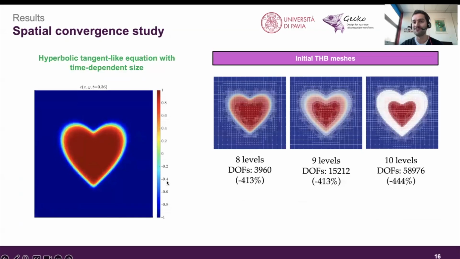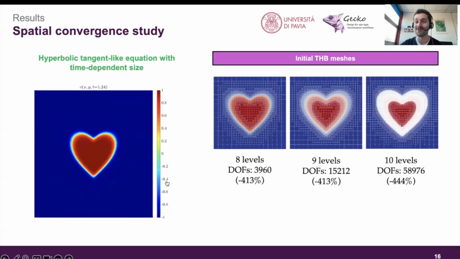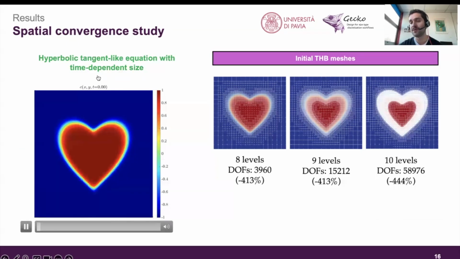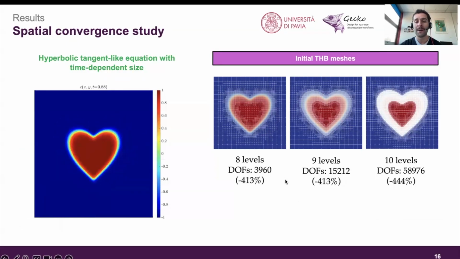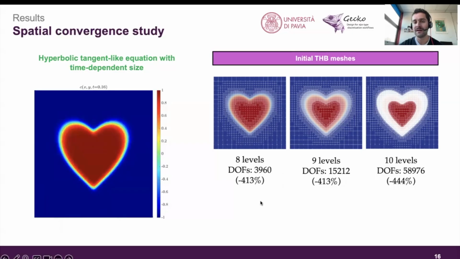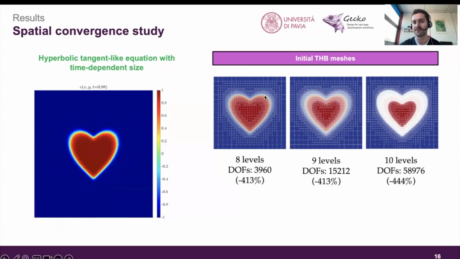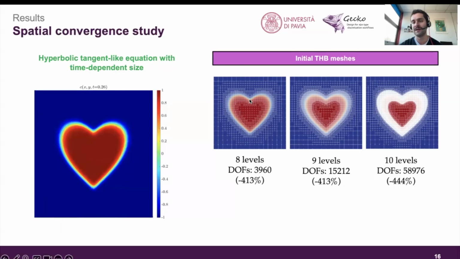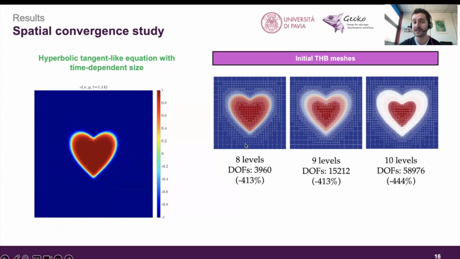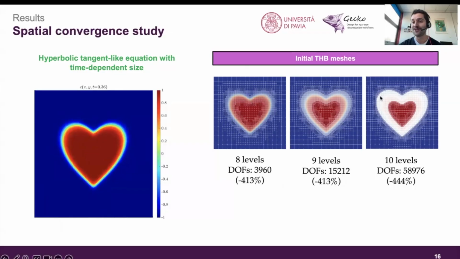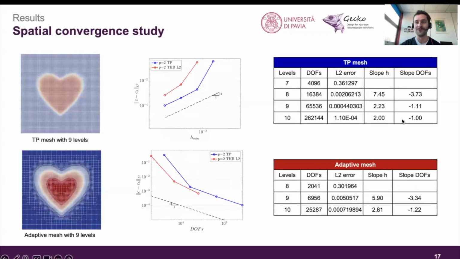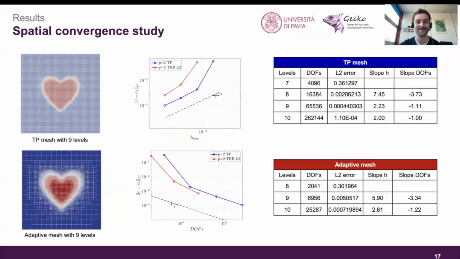I also experimented with a more romantic shape and tried to also carry out this convergence study in the same way. Also, this is a hyperbolic tangent-like equation. And again, you see that we refine only wherever it's needed, so across the interface. And the meshes are quite nice to see, but the results are a bit more difficult, just like love.